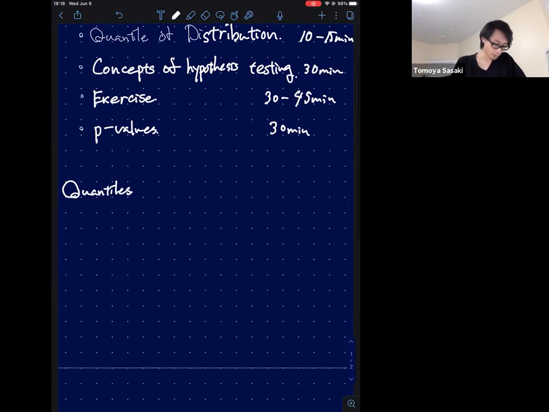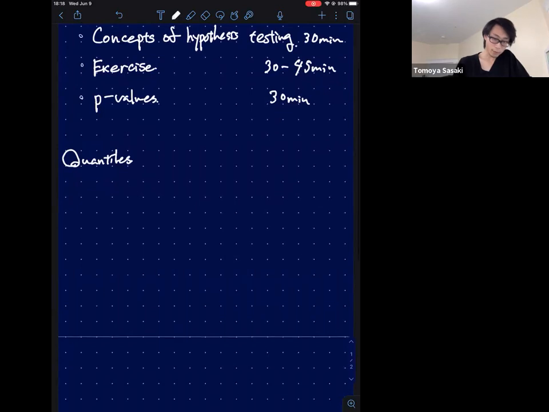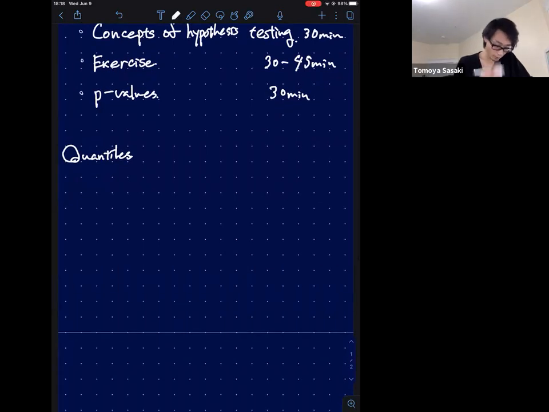Let's give some definitions before talking about quantiles. Suppose we're talking about some probability distribution, P of zeta, and let's say it's continuous.